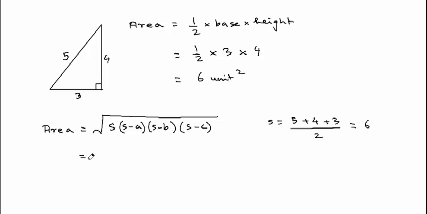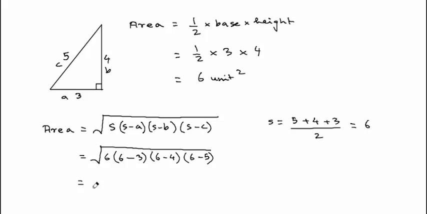So we have square root of 6 times 6 minus, let's say this is A, this is B and this is C, 6 minus 3 times 6 minus 4 times 6 minus 5.